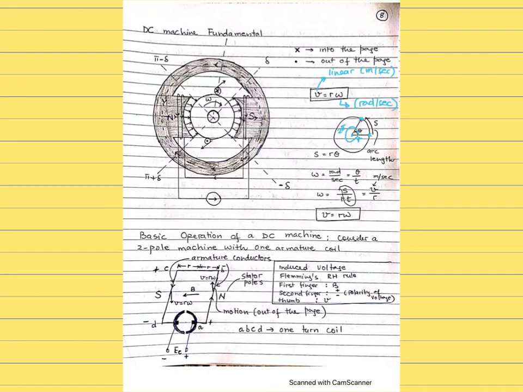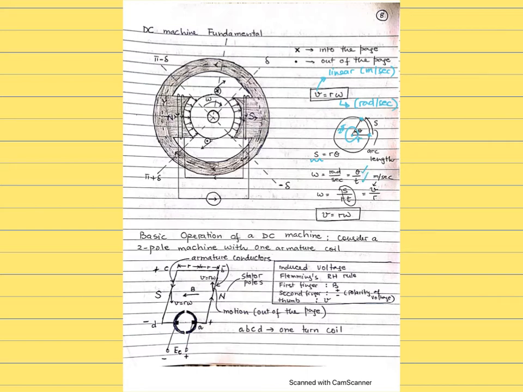So at theta position, the distance covered at the circumference S is given by r times theta. R is the radius, theta is the angle through which it has rotated. So angular speed by definition, in radians per second, is the angle theta divided by the time t in seconds.